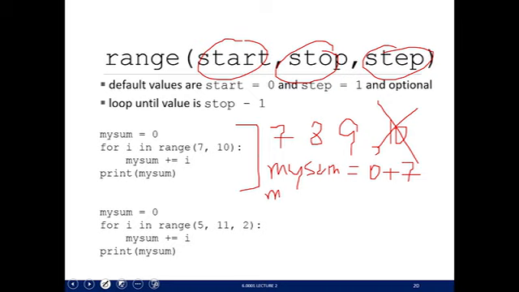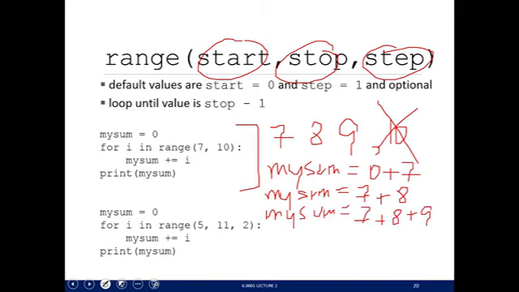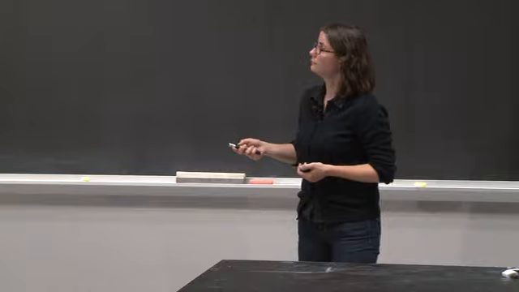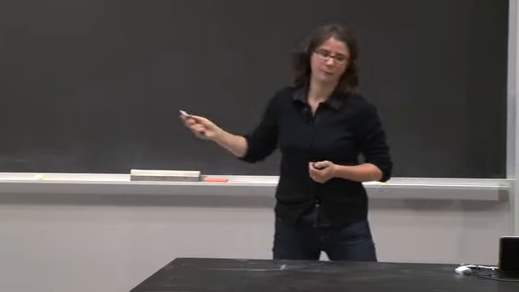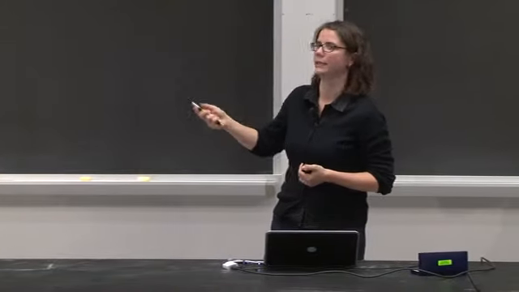So inside the for loop, my sum gets whatever the previous value was, which was 7 plus 8. Okay. The next time through the loop, my sum gets the value 7 plus 8 plus 9. Obviously replacing that with the previous value, so 15. Okay. Since we're not going through 10, that's where we stop. And we're going to print out my sum, which is going to be the value of 7 plus 8 plus 9.